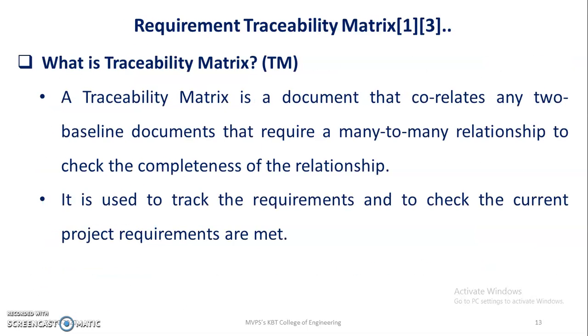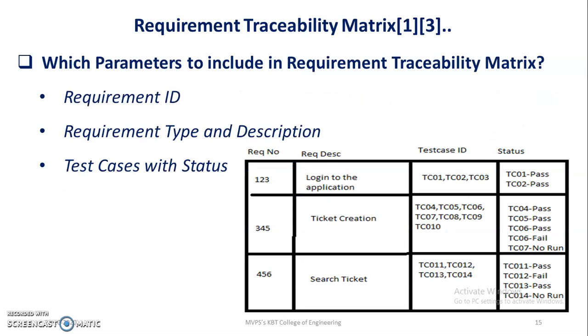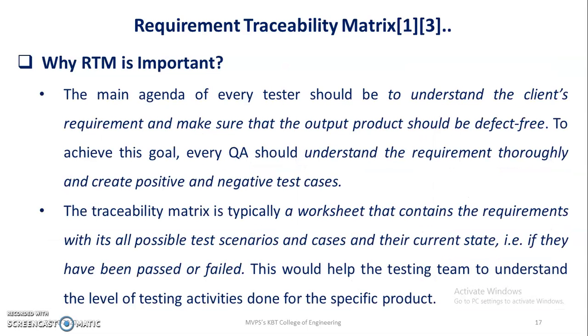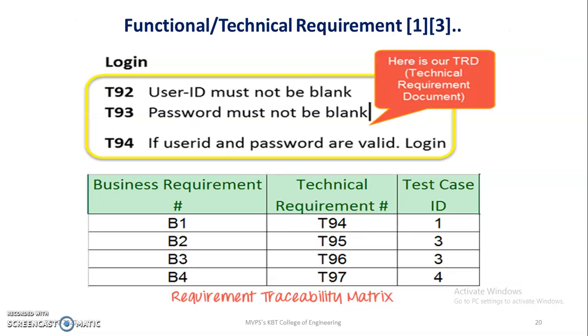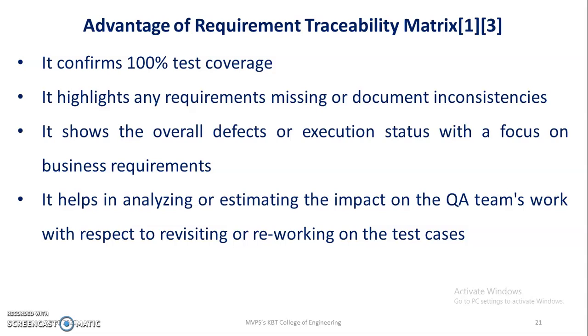Then we discussed the requirement traceability matrix, that is what is a traceability matrix, types of traceability matrix, importance of traceability matrix, how to create a requirement traceability matrix, all these things, and finally also the advantages of the requirement traceability matrix.